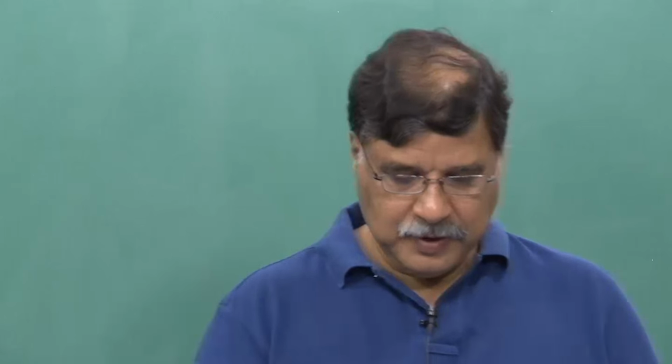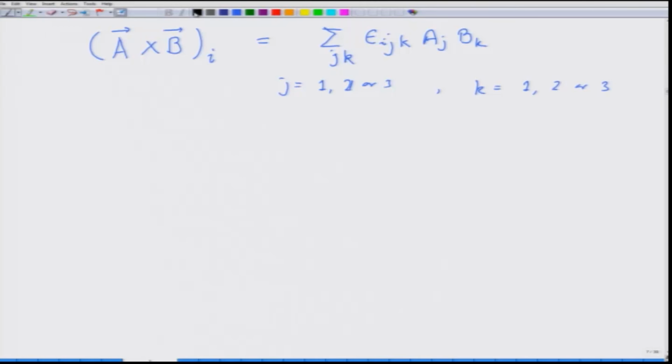Let us calculate A cross B component 1. That means I am going to calculate the x component, which is going to be summation j equals 1, 2 and 3, summation k 1, 2 and 3, epsilon 1 j k a j b k. Let us expand this.